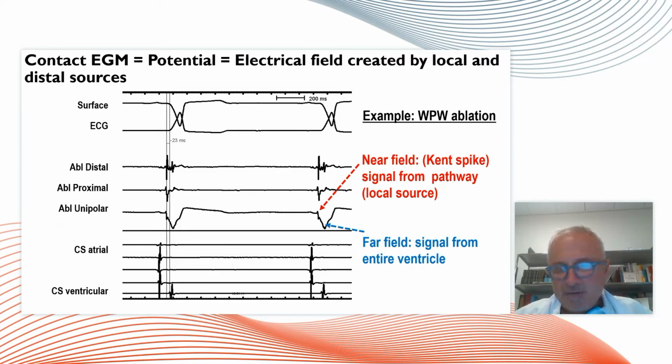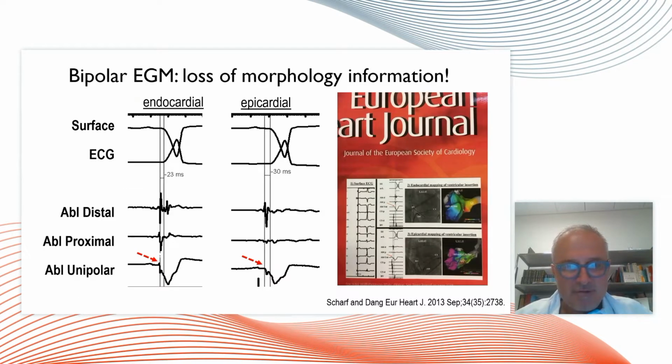The subtraction of two unipolar signals is a very, very basic mathematical or engineering operation, and it loses a lot of information.